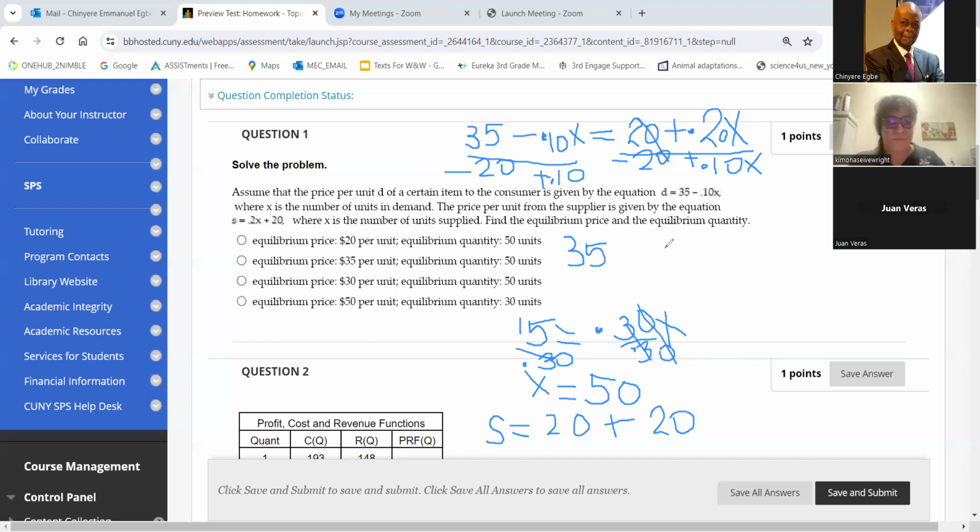And you see 0.2 times 50? The equation here says that S is 0.2x plus 20. Am I correct? Oh, I see. Okay. So 35 minus 0.2x minus 0.1 times 20. What is 0.1 times 20?